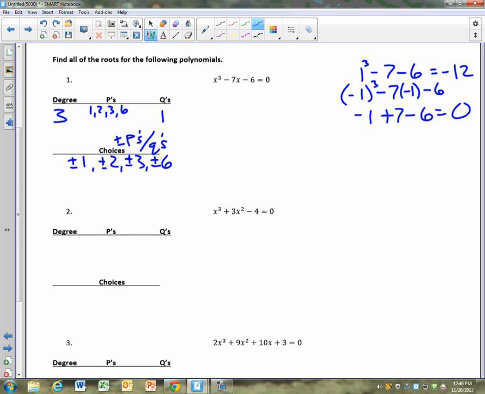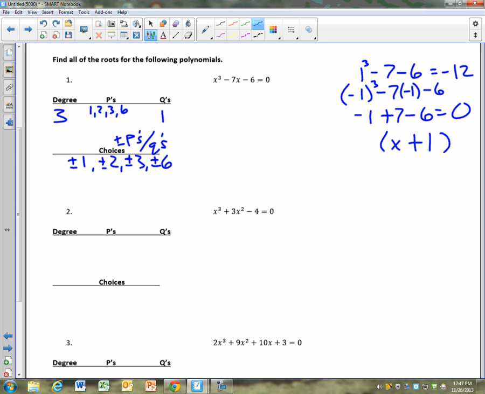What worked? Negative 1. So if negative 1 worked, can you name the binomial that's a factor? x plus 1. X plus 1 is a factor. This polynomial divides evenly by x plus 1.